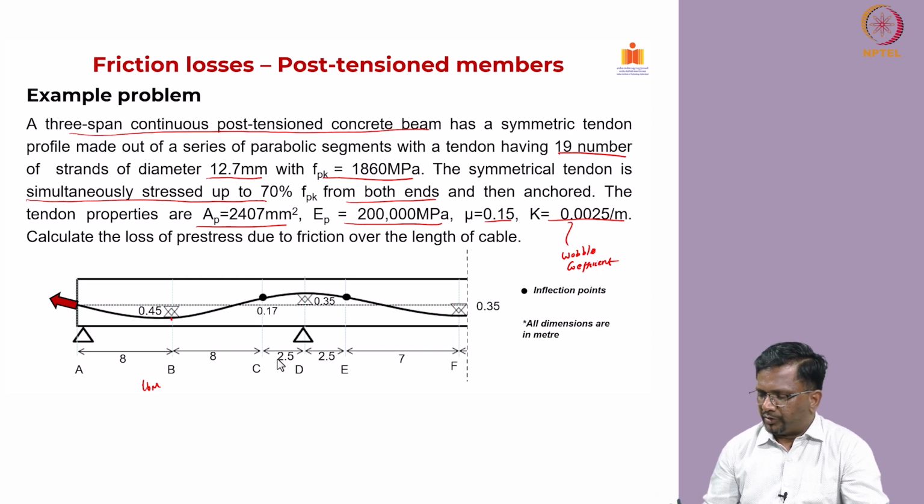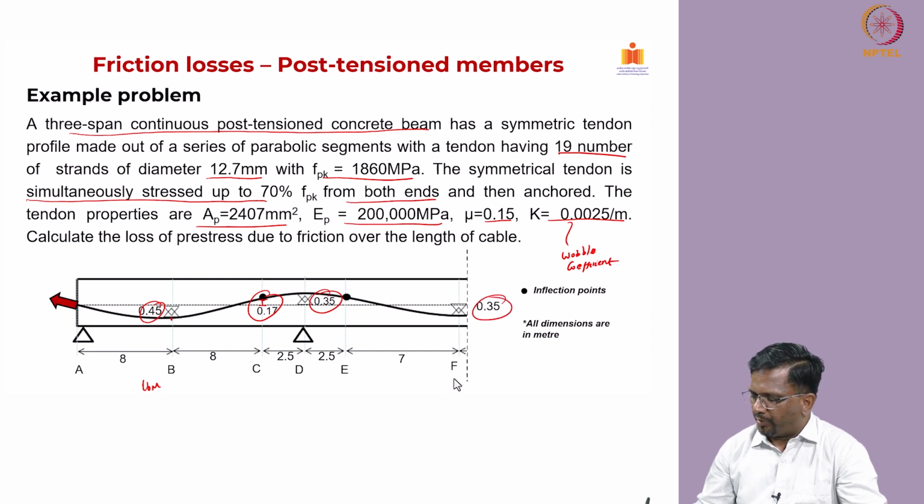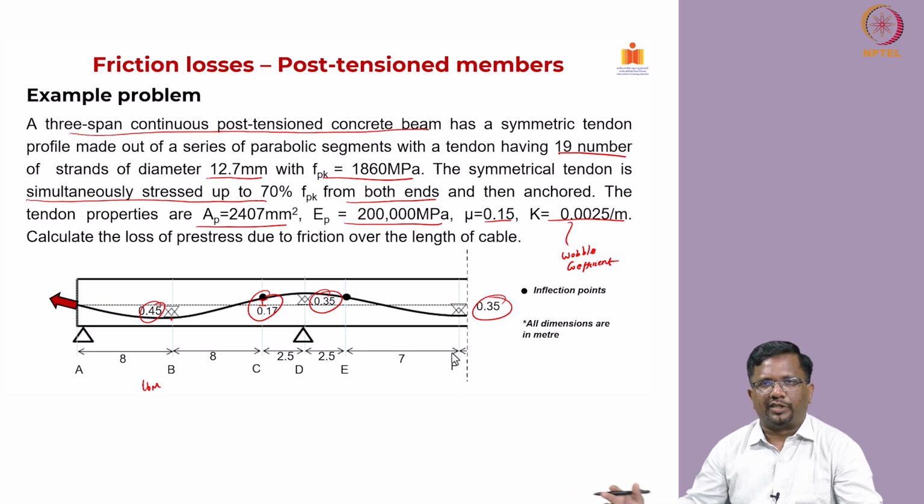You see here the cable eccentricity is also noted. Here it is 0.45 meter, here it is 0.17 meter, and here it is 0.35, and here it is 0.35. So, this is the symmetrical point, and it is a 3-span system, exactly symmetrical on the other side as well.